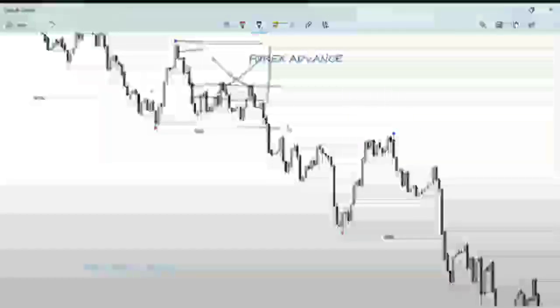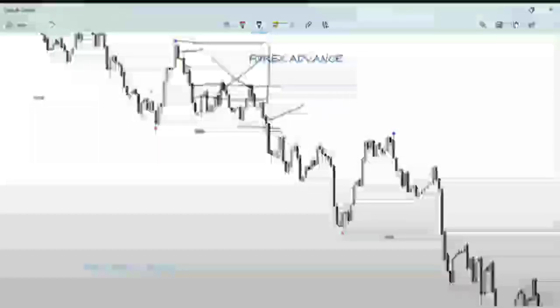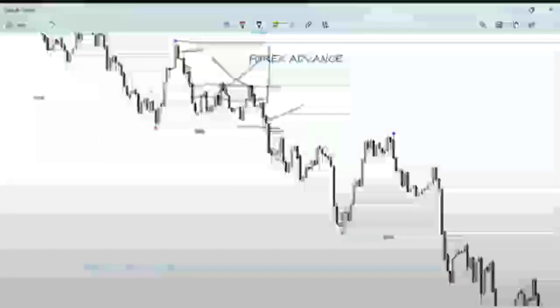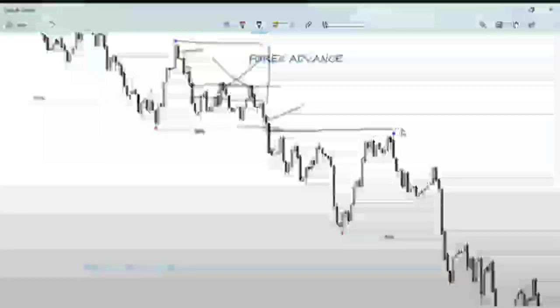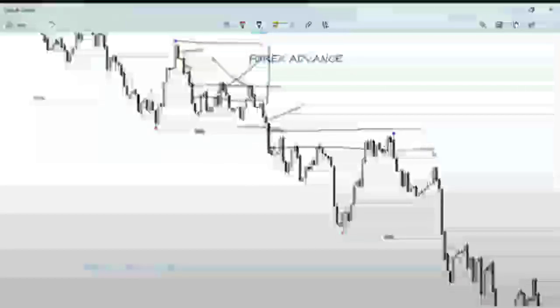Which specific candle has the order flow? Coming downward, when we look at this specific candle, the low of this candle and the high of this candle, this specific area has an imbalance. This specific area is your order flow.